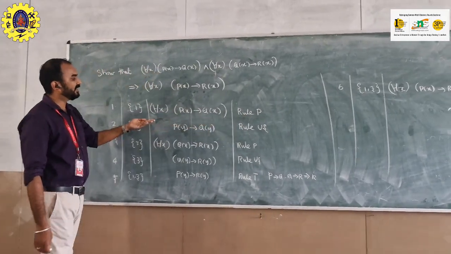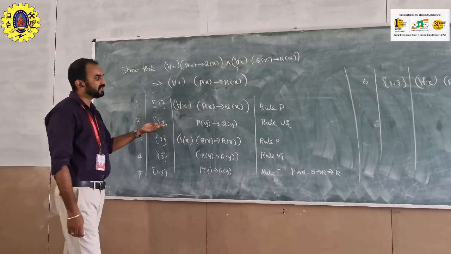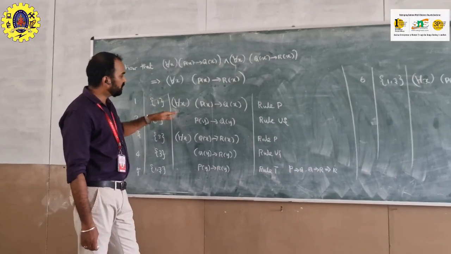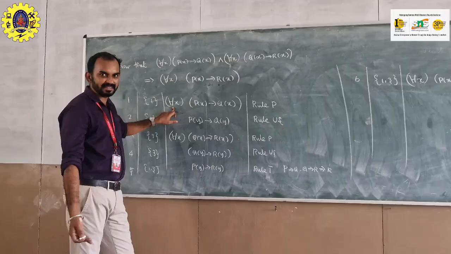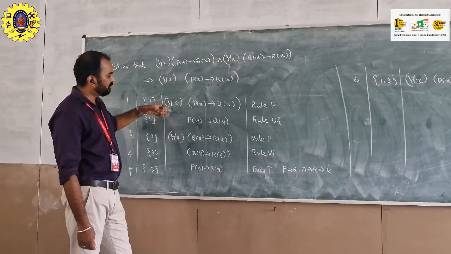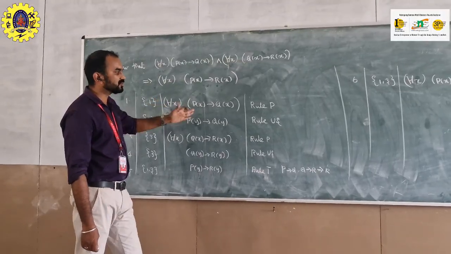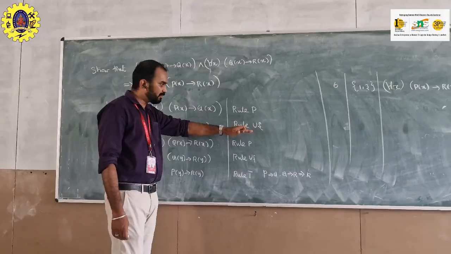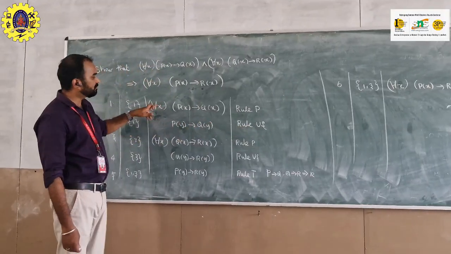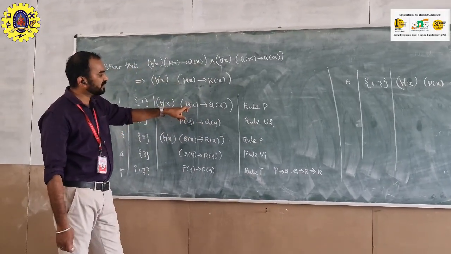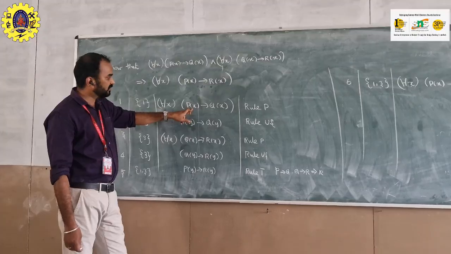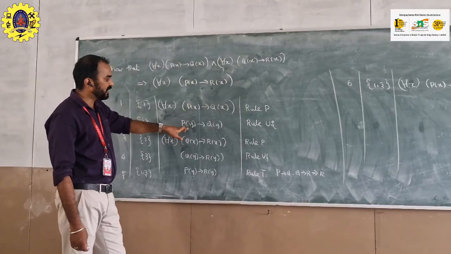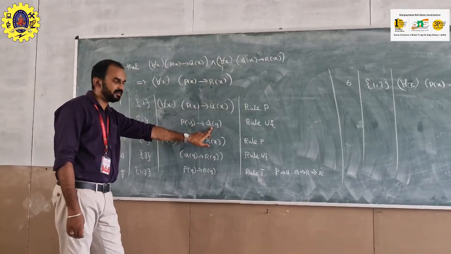Next, in predicate terms, first we have to remove the for all x symbol and the exists symbol. So by neglecting for all x, we use rule US. By applying rule US, this term is cancelled, and we have to change the variable. That's why I changed x to y: P(y) → Q(y).